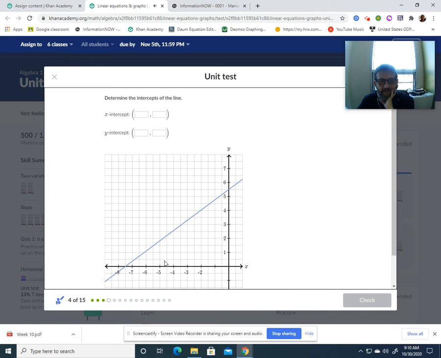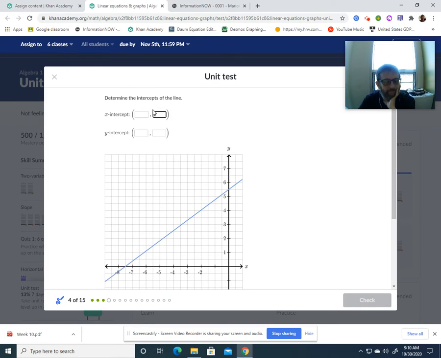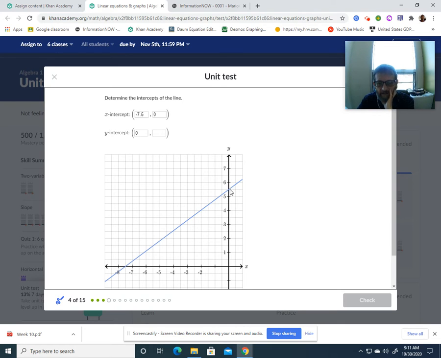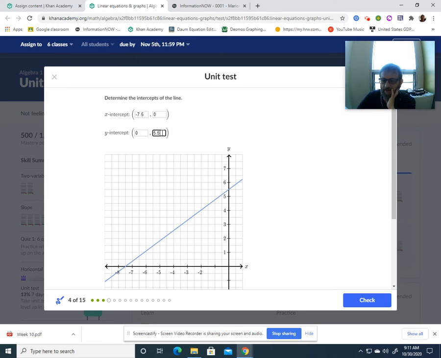All right, x-intercept, y-intercept. X-intercepts always have a y value of 0. Y-intercepts always have an x value of 0. And they're clearly graphically right here. So this is when y is 0. That looks like negative 7.5. Right there. Okay, this is 5, this is 6. This looks like 5.5.